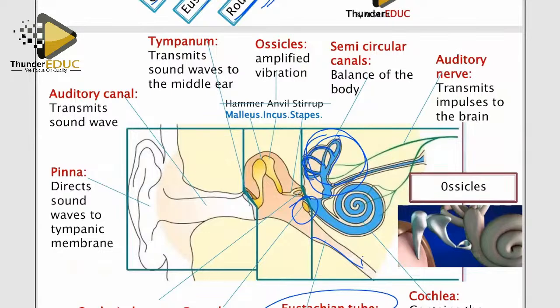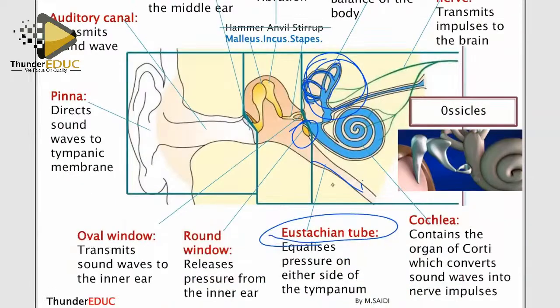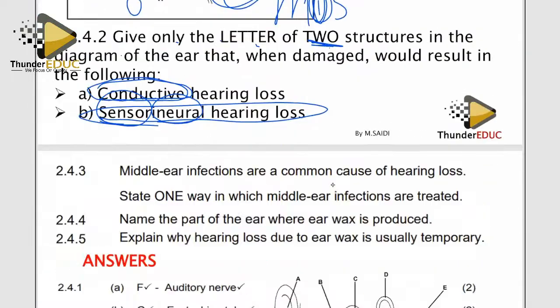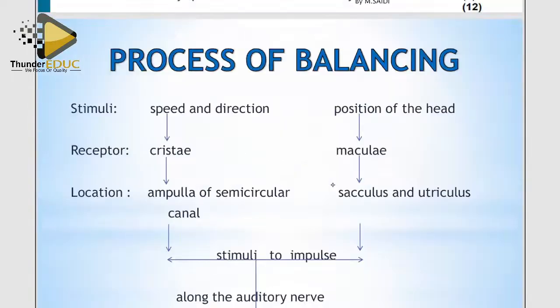So, balance is controlled by semicircular canals. We have two receptors. The first receptor we call the cristae, and the second receptor is called maculae.